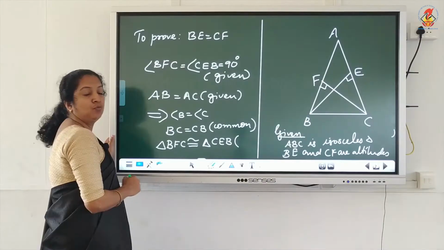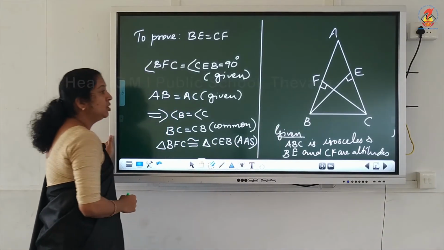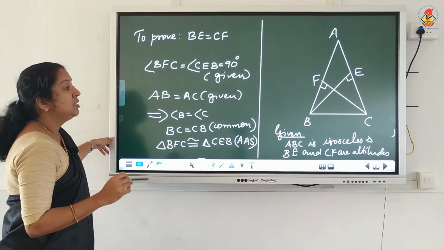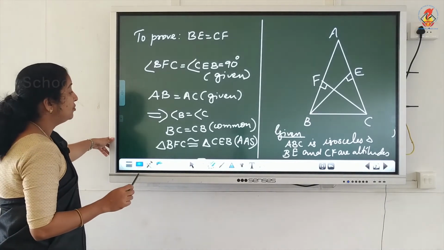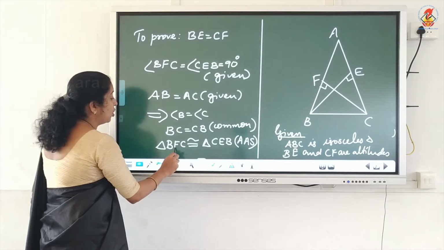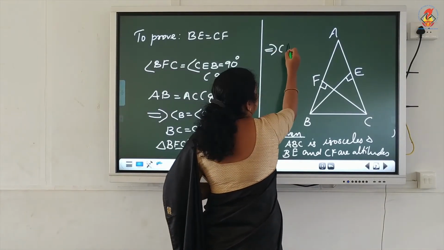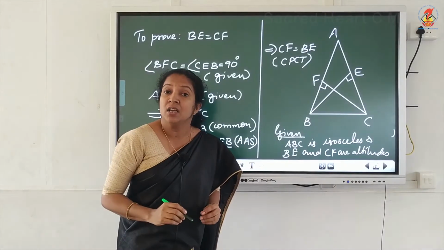Two angles and one side, AAS criterion. So what we can say? CF is equal to EB. This implies that CF is equal to BE using CPCT. So what we proved is both the altitudes are equal.